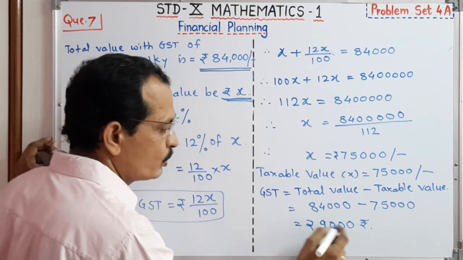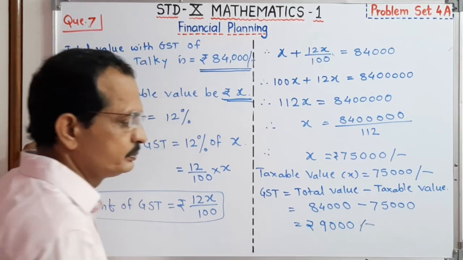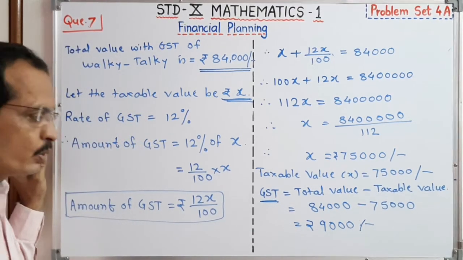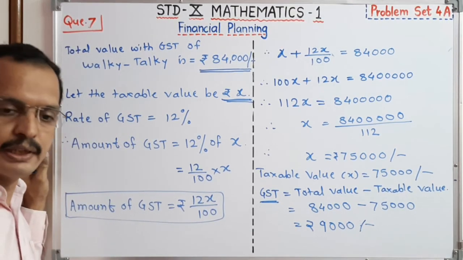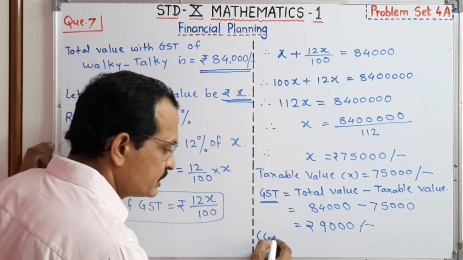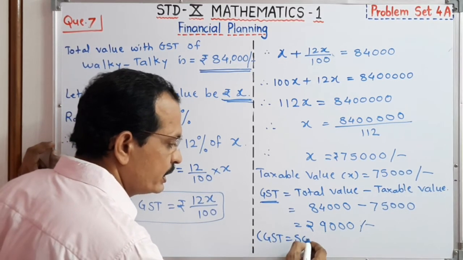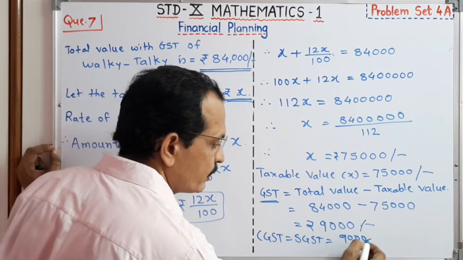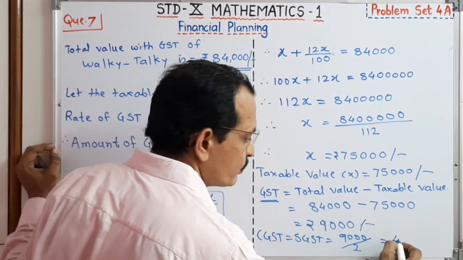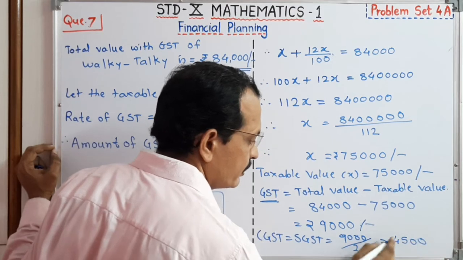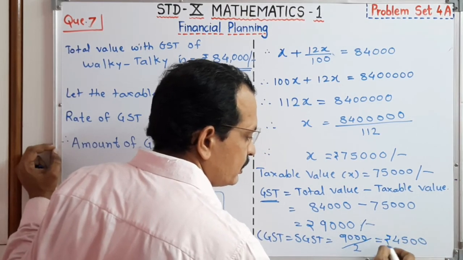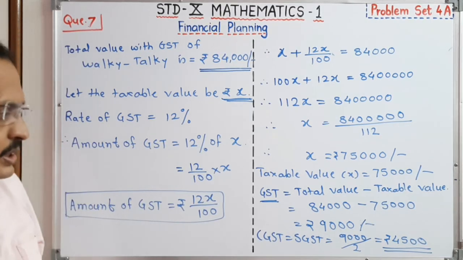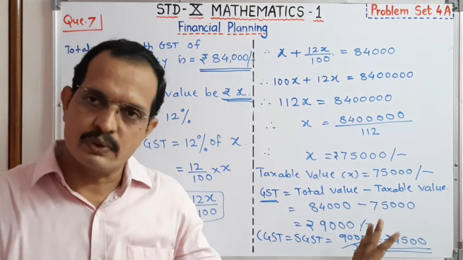This is the amount of GST. Now we have to find out the CGST and SGST. Therefore CGST is equal to SGST is equal to 9,000 divided by 2, which is 4,500. Therefore we got the CGST, SGST equal to 4,500.